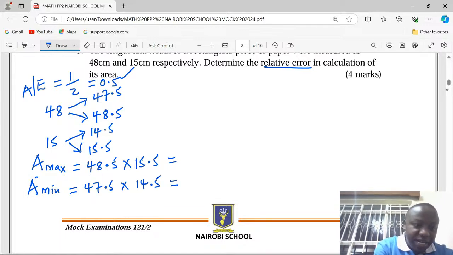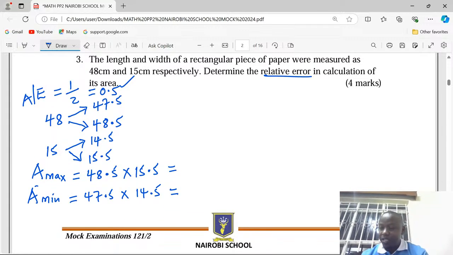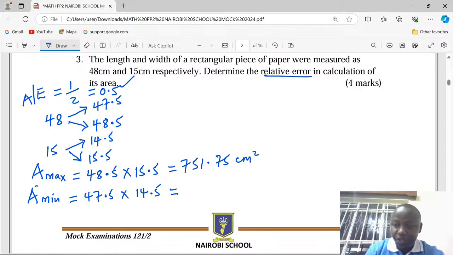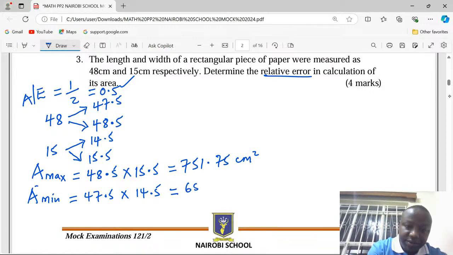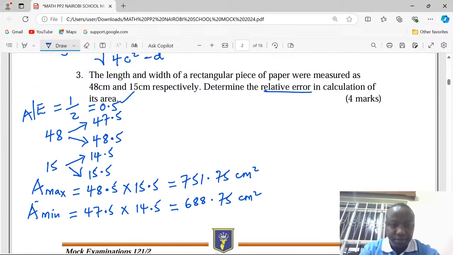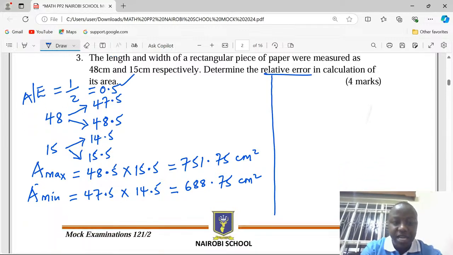And it's good we also get the actual area, but that one can be done later. So area maximum is going to be having a value equivalent to 751.75 square centimeters. The minimum area is going to be 688.75 square centimeters.